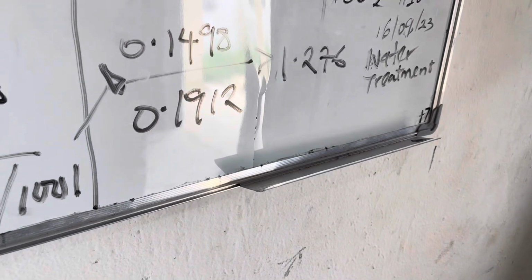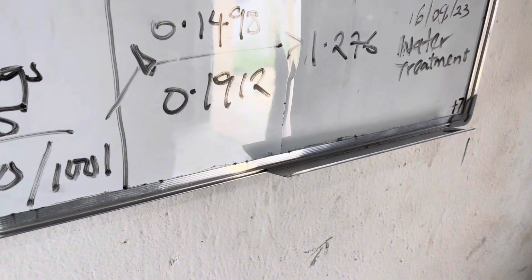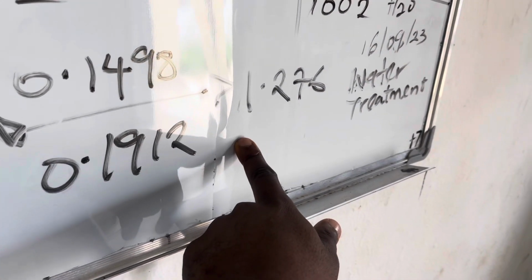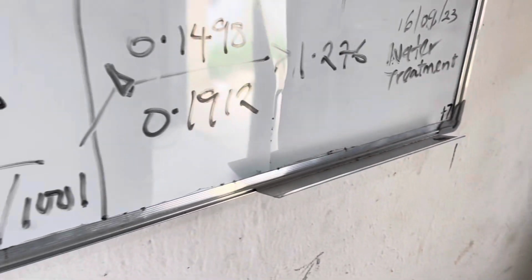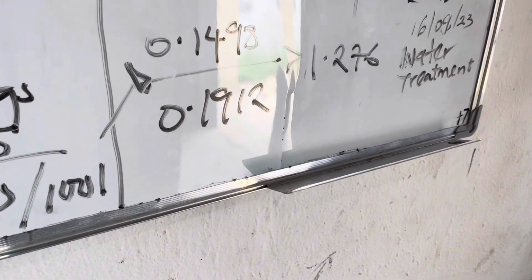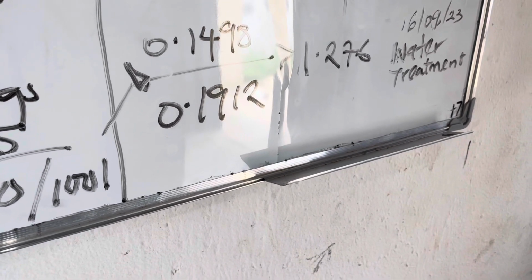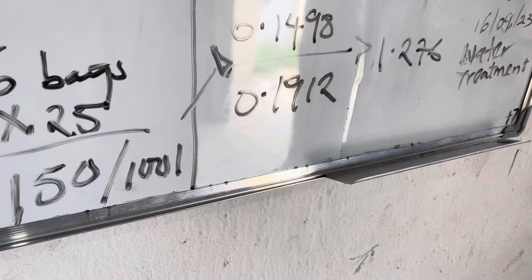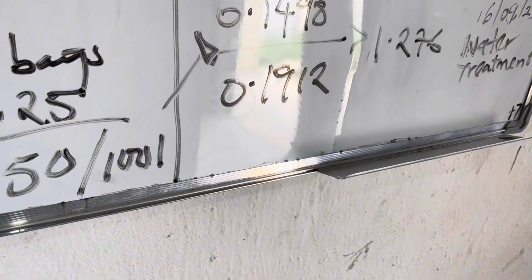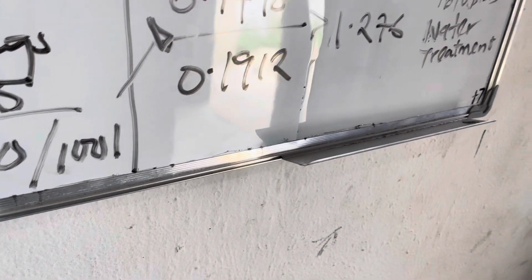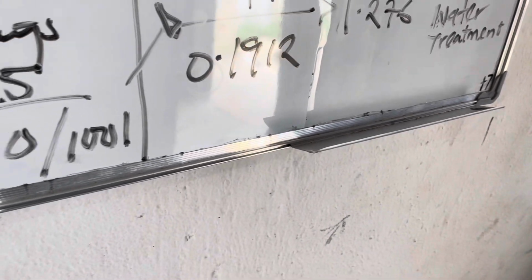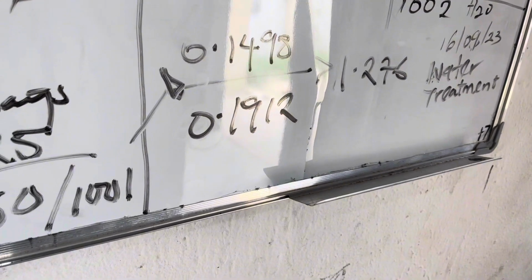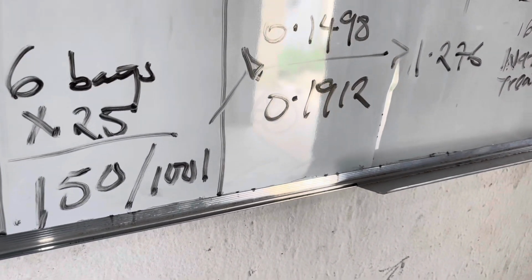So in other words, you could say that for every 1 kg that your bird eats, your bird is giving you 1.276 kg of body weight. So when you weigh them, if they've consumed 1 kg, they will be giving you 1.276. So your feed conversion ratio is 1.276, and that is a fantastic result to have on a farm.